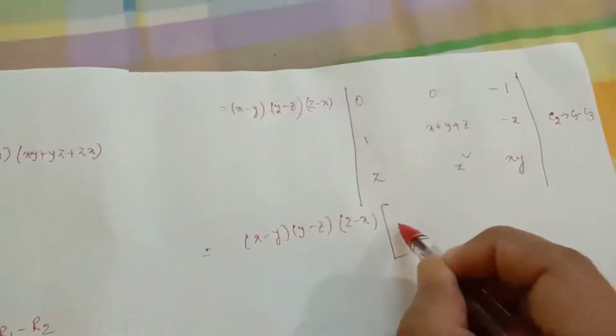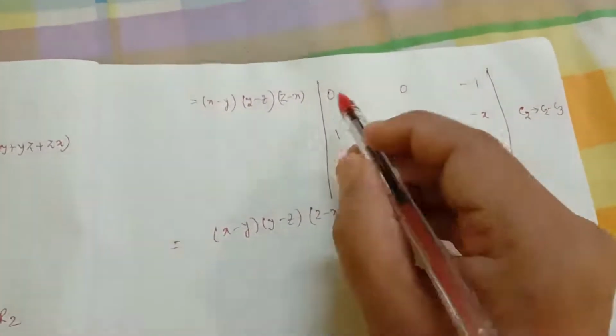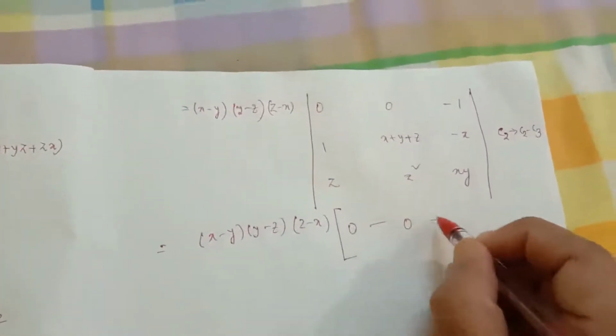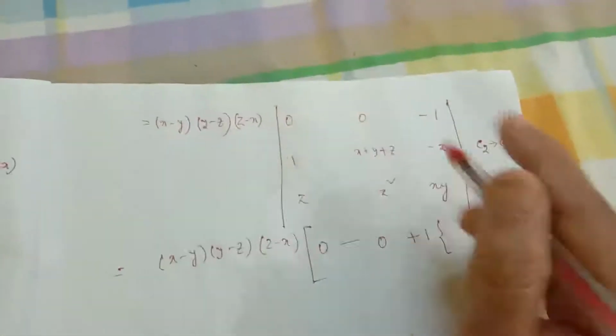If we expand along the first row, 0 into something will be 0, minus. In the first row, the sign is plus minus plus, 0 minus 0 plus 1 into. It will be minus of 1.